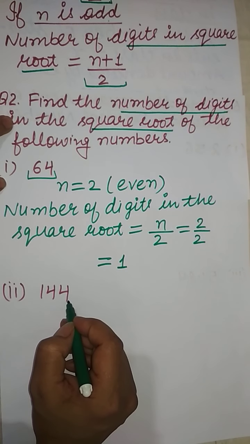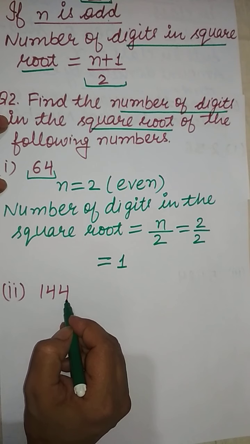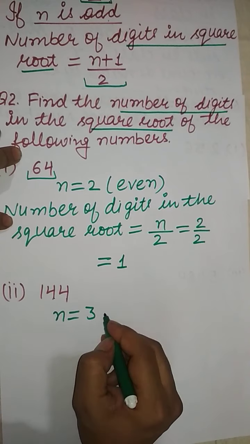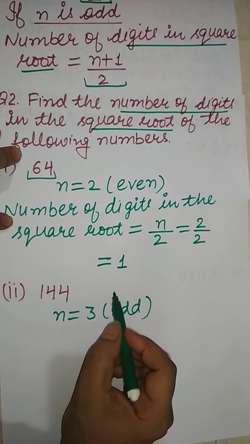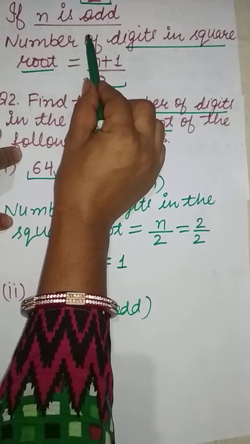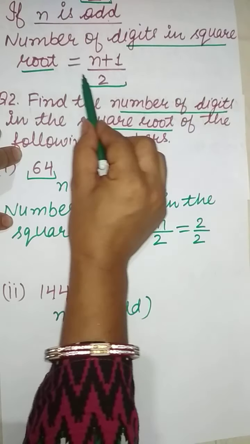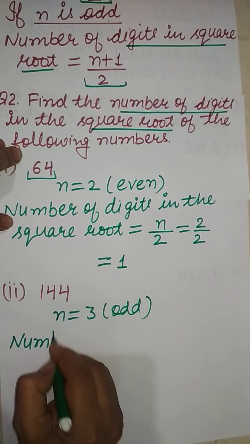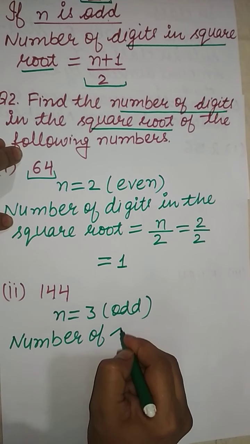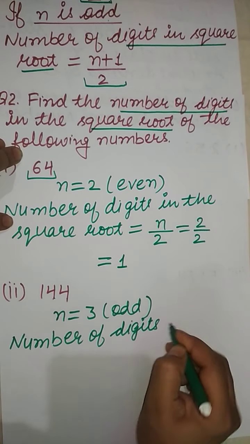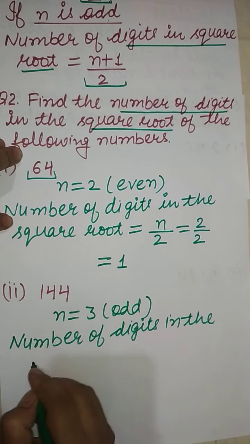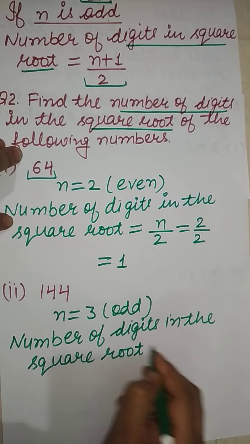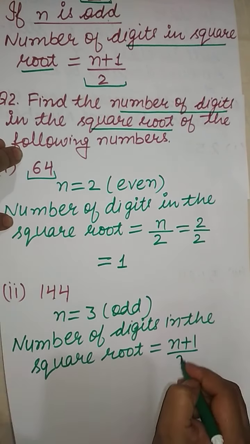Next part is 144. Now you can see clearly it is having 1, 2, 3 digits. It means n is equal to 3, which is an odd number. And we know that if n is odd, then the number of digits in the square root will be n plus 1 by 2. So here I can write number of digits in the square root will be equal to n plus 1 by 2.